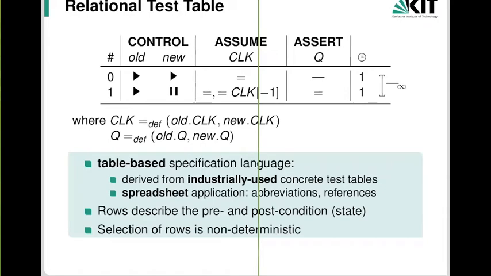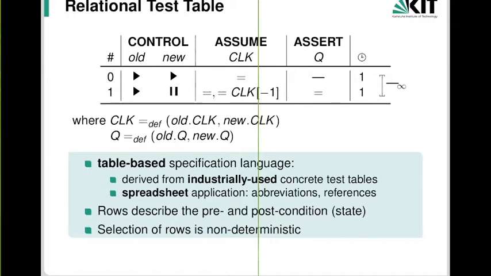I've already said that relational test tables are a table-shaped specification language which is based on the concrete test tables. These are the concrete test tables which are used in industry today, and they describe concrete single test cases.